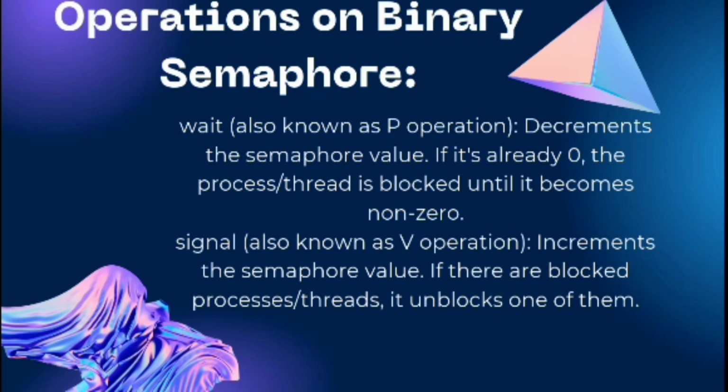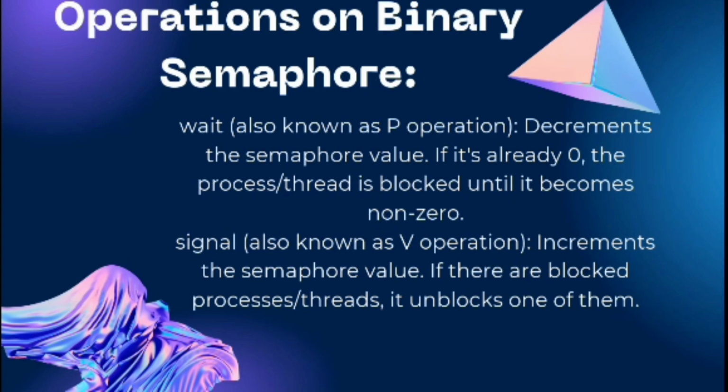Let us see what are the operations allowed to perform on a binary semaphore. Previously, we have already seen that there are only two operations that can be performed on semaphores, wait method and signal method. Let us recall them: wait method will decrement the semaphore value and the signal method will increment the semaphore value.